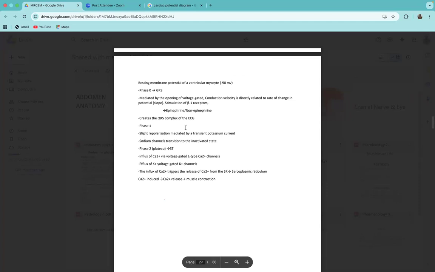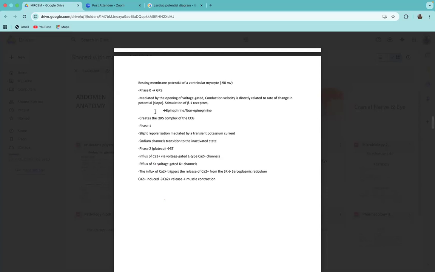In case of phase 0, this is mediated by the opening of the voltage gated sodium channel, and conduction velocity is directly related to the rate of change of the potential slope. Stimulation of the B1 receptor, as we know the B1 receptor is present there, creates the QRS complex of the ECG.